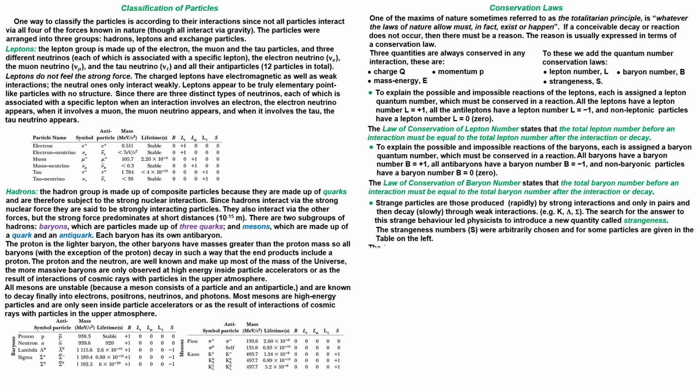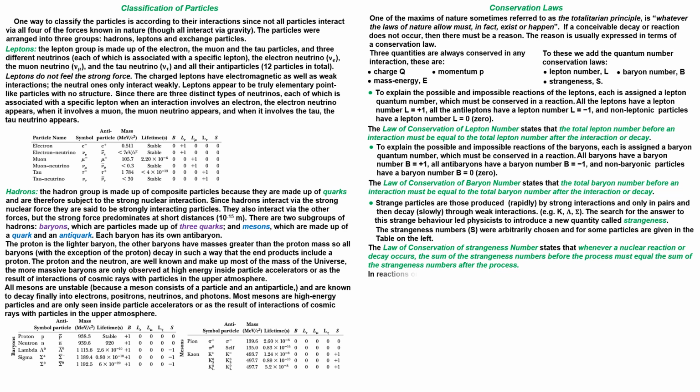Whenever a nuclear reaction or decay occurs, the sum of the strangeness numbers before the process must be equal to the sum of the strangeness numbers after the process. In reactions or decays that occur via weak interaction, strangeness is not conserved.